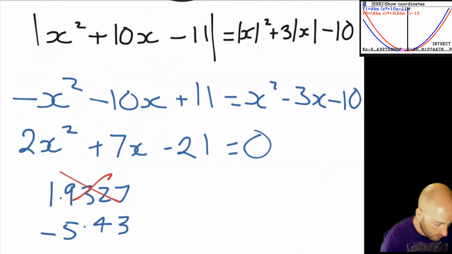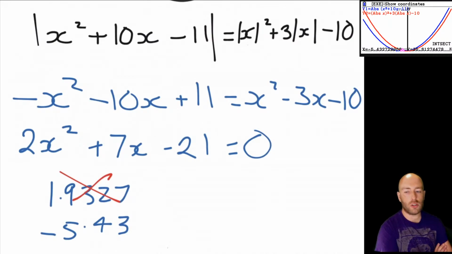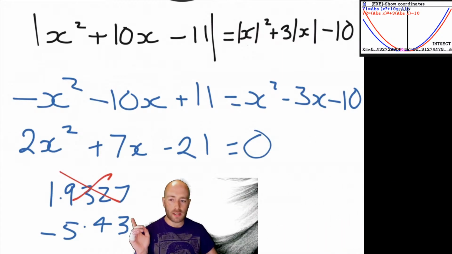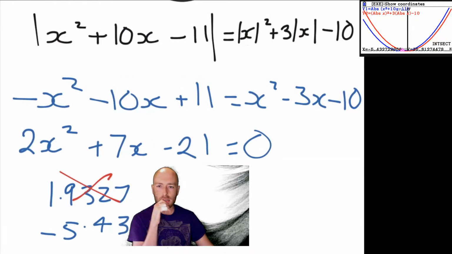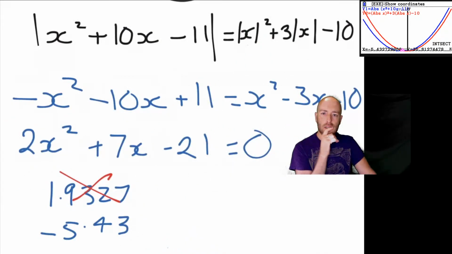I think it's just because I've chosen a difficult question, like without the sketch. It was weird that I found 2 solutions. What's wrong with the answer? Now this answer's fine. I'm just wondering why we got a second solution. It's because the x squareds didn't cancel.